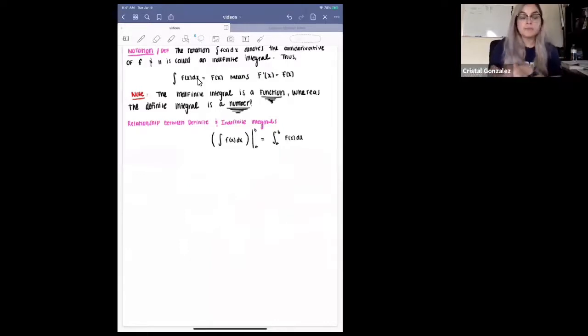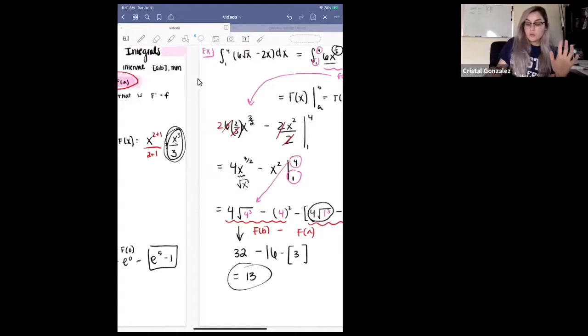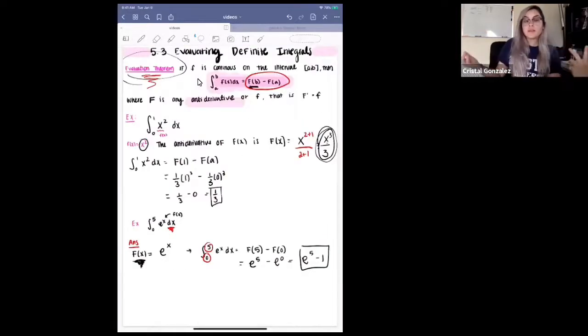So in the last video, we talked about what was called a definite integral. We introduced that definite integral by saying that we can find the area under the curve by using that evaluation theorem instead of doing Riemann sums over and over again. If you recall, these are the notes we took last time.